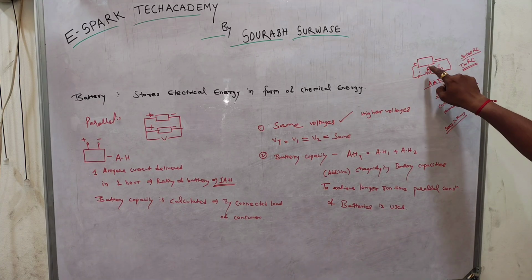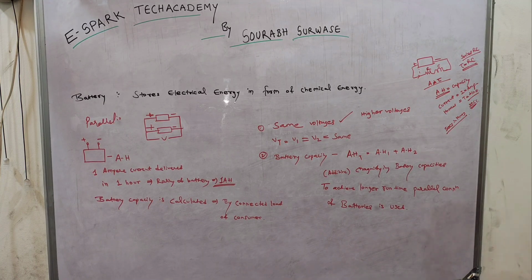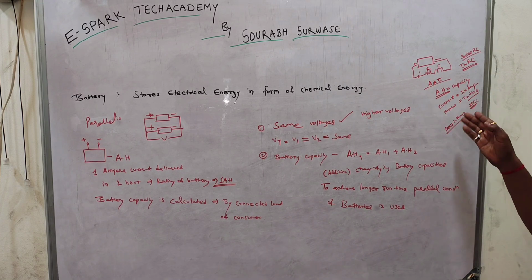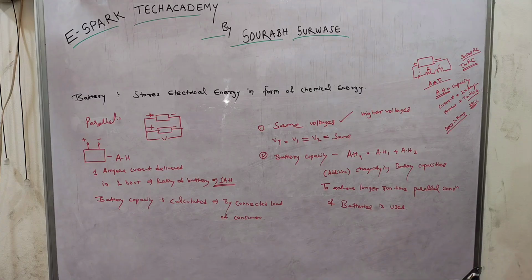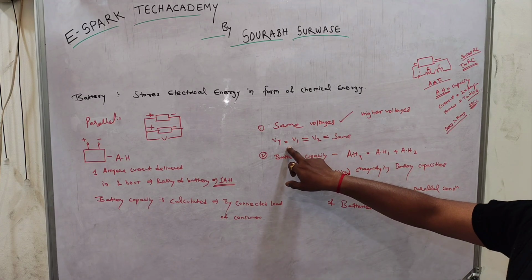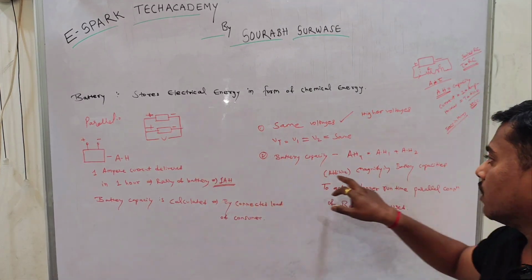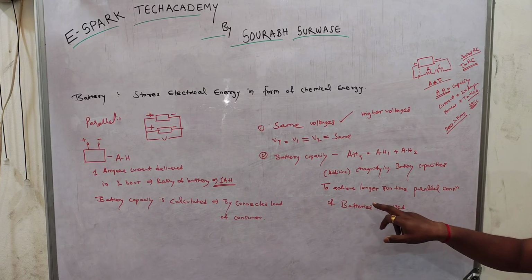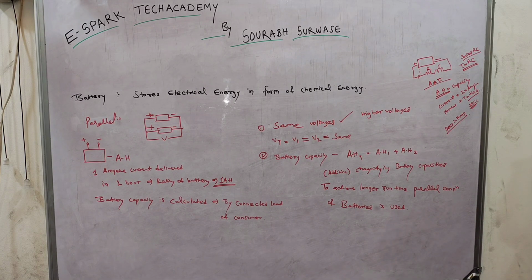In parallel connection the voltage remains the same and the capacities are additive. That's why, to achieve a longer run time, parallel connection of batteries is used.